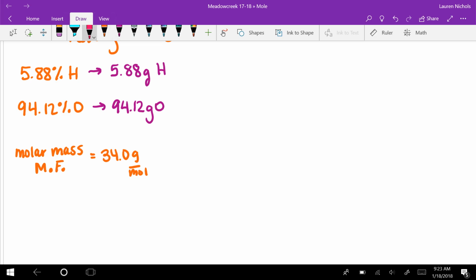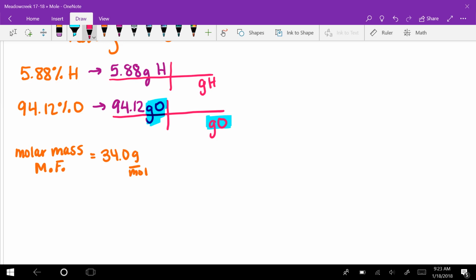Easy enough. Second step is to change it to moles. So we're going to put these in the T-charts. Remember, whatever unit and thing we have up there is repeated down at the bottom. I'm going to put my grams of oxygen at the bottom, my grams of hydrogen. Oxygen's mass on the periodic table is 16.00 grams per 1 mole of oxygen.